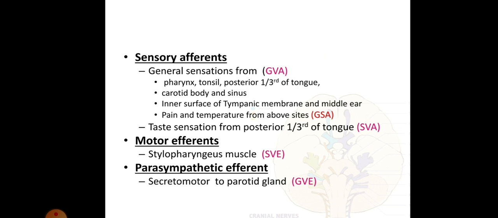Then taste sensation from the posterior one third of the tongue, which comes under SVA, special visceral afferent. Then the only motor branch is the stylopharyngeus branch, that is special visceral afferent, because it is a derivative of the pharyngeal arch. And the parasympathetic secretomotor fibers to the parotid gland are the general visceral efferent component.